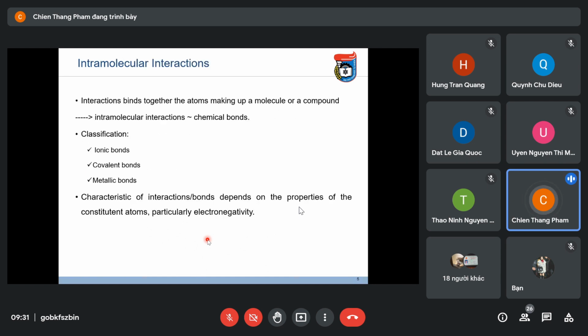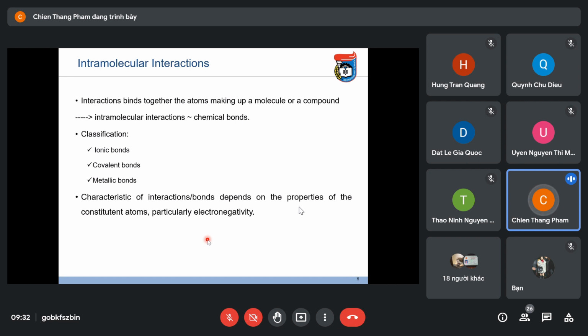The intramolecular interaction is the interaction which binds atoms together to produce a molecule or compound. With this definition, the intramolecular interaction is similar to chemical bonds.